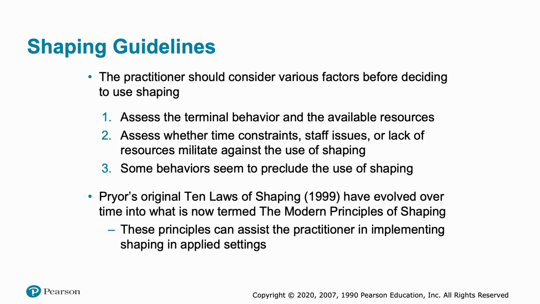We have the resources. I know exactly what the terminal behavior is, and it seems like one that's achievable. They already engage in some capacity in a successive approximation to the behavior, so we think it's a feasible intervention. Once you think it is feasible, you'll go through these next steps that are going to be outlined in the next few slides.